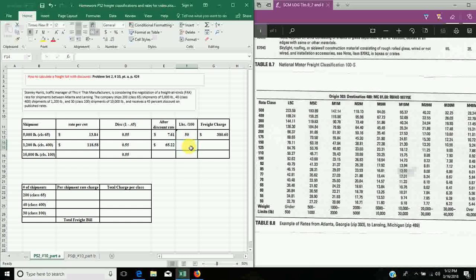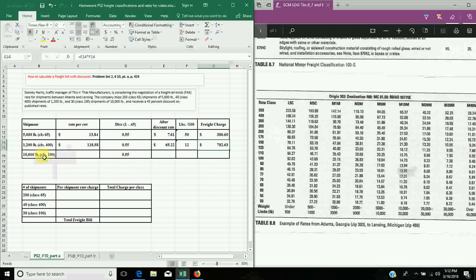Of course our hundredweight is our 1,200 divided by 100. Then that comes up to 12. 12 times $65.22. We're just going to copy this formula here. That should come up with $782.63. Okay, got me so far?